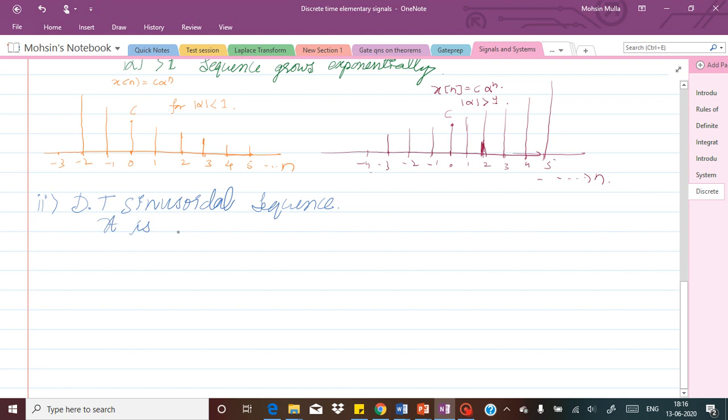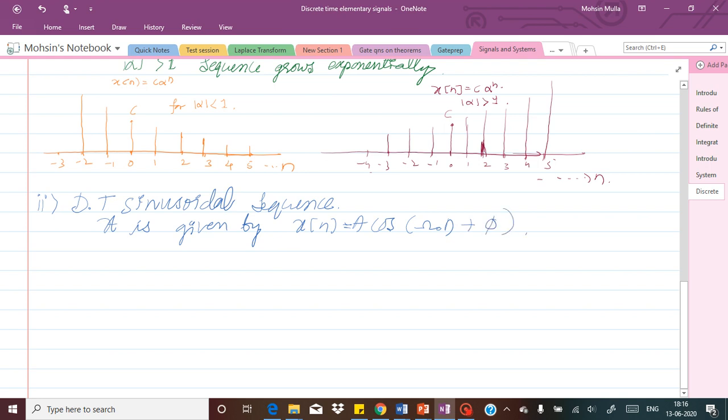It is given by x of n equal to a cos of, similar to the continuous time expression. Only here instead of t we will be seeing n, and the regular omega is now replaced by another symbol, omega naught, plus phi as it is.